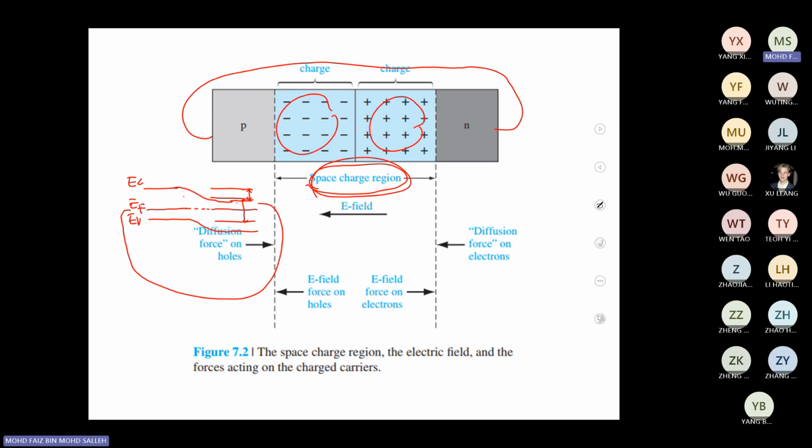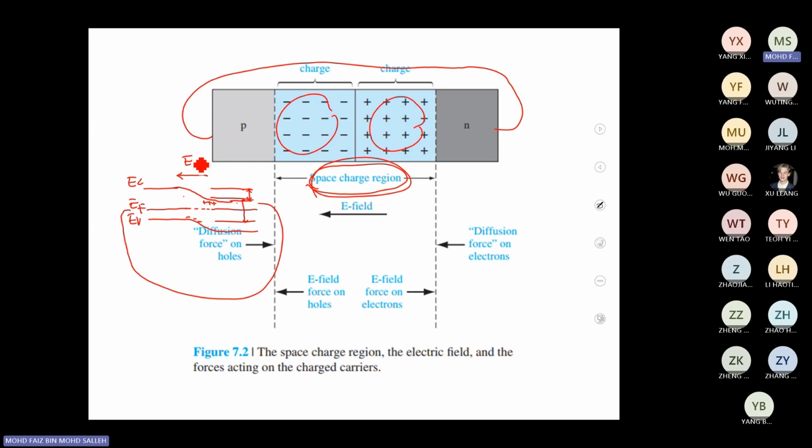So when you have the band bending, you know that we have the space charge due to the loss of those electrons and holes. The plus and minus will tell us that it has an internal electrical field to stop the diffusion process from going further.